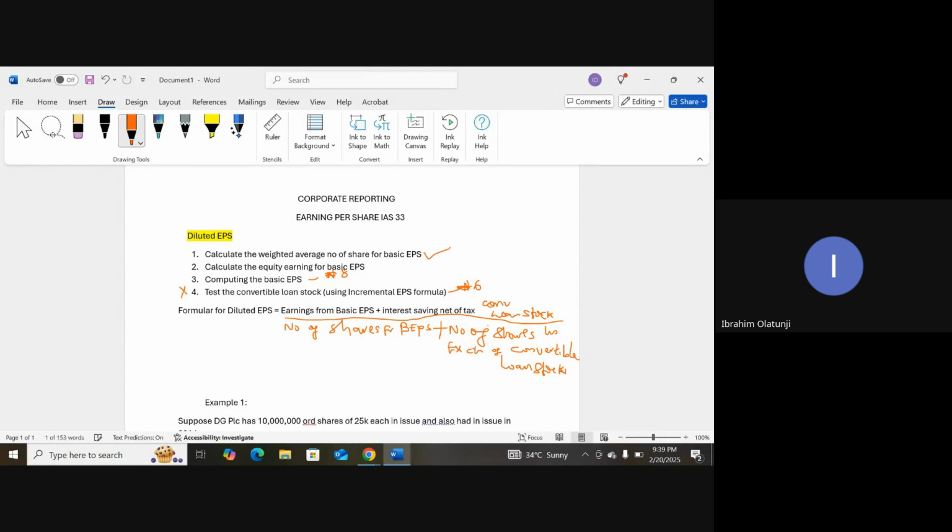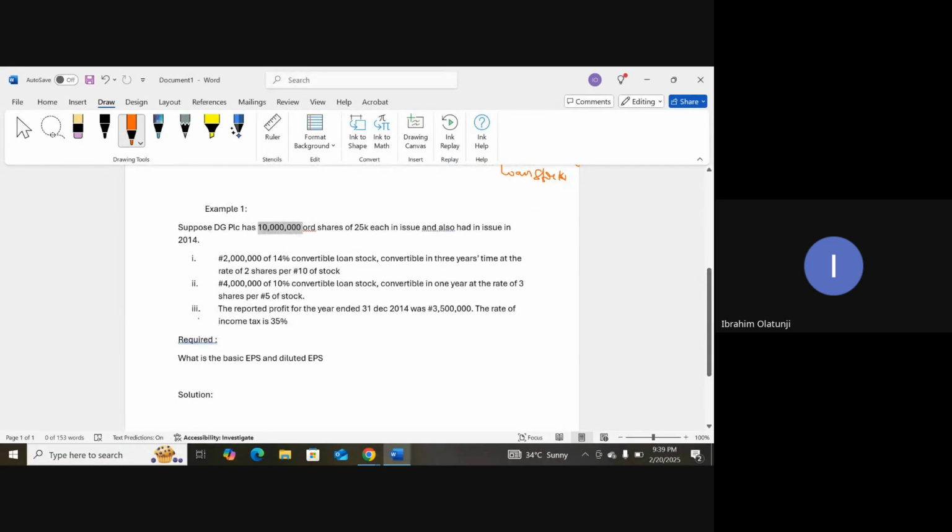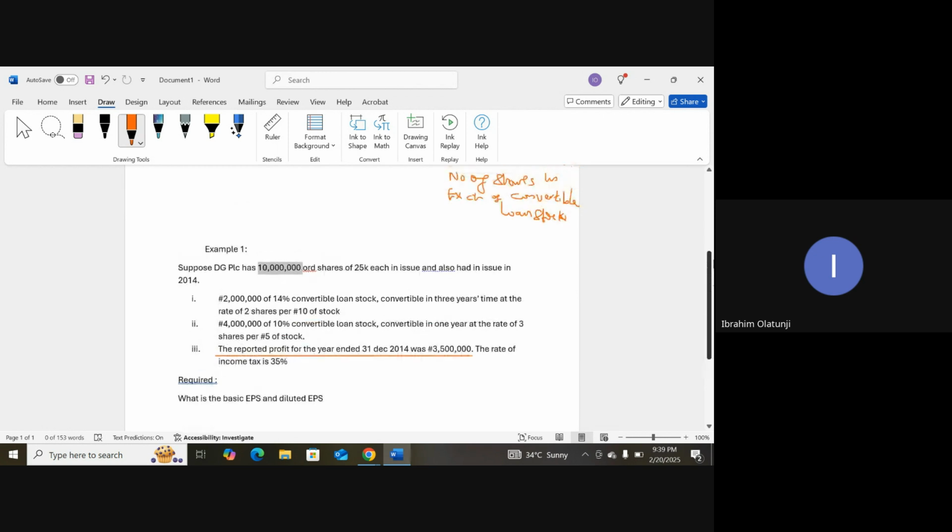Then for line 2, compute the earnings for basic EPS. The reported profit for the year is 3.5 million, because earnings is also profit after tax.